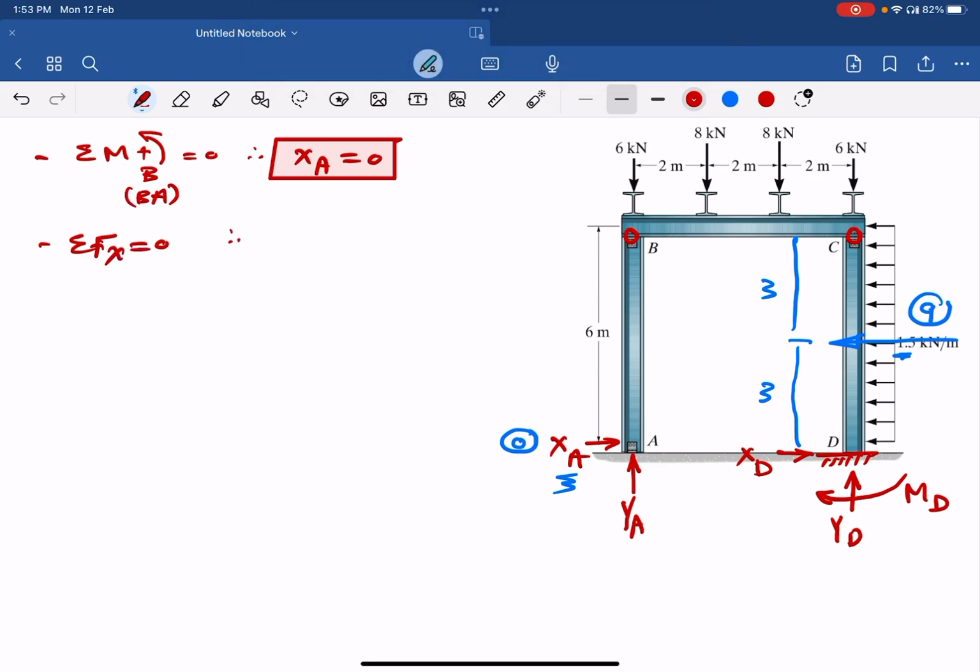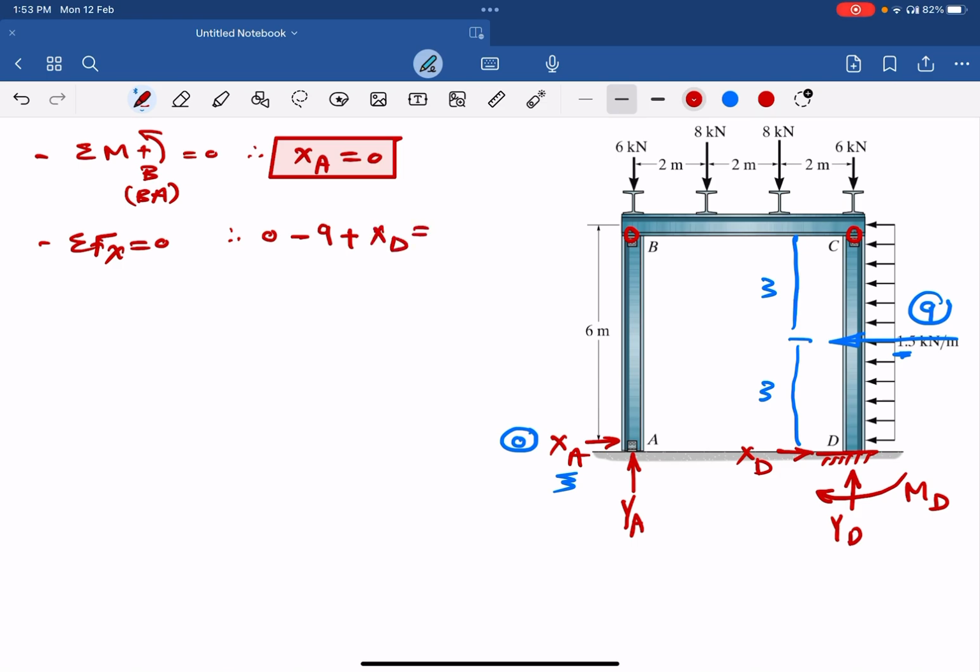Therefore, XA, which is 0, minus 9 plus XD equals 0, and therefore XD equals 9 kilonewton going to the right direction. This will be the second reaction that we found: XD equals 9 kilonewton.